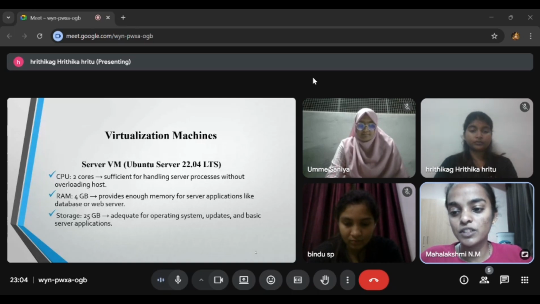Storage is 25 GB. The OS is used for updates and service related applications. Next slide.